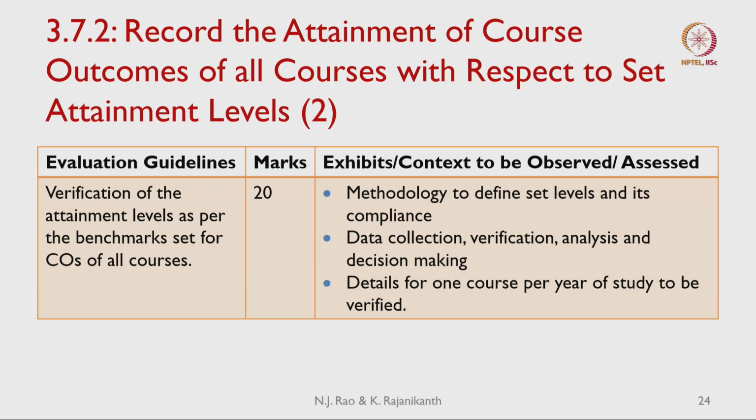This can be randomly picked up by the committee. It does not mean that the committee will look at only these files, they may ask for some other file also. We must have this information available for every single course, and if the committee wishes to examine one more course, yes, we must be able to produce that. But definitely one course per year will be verified by the visiting team.